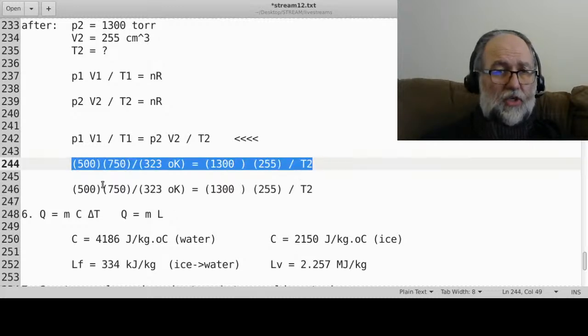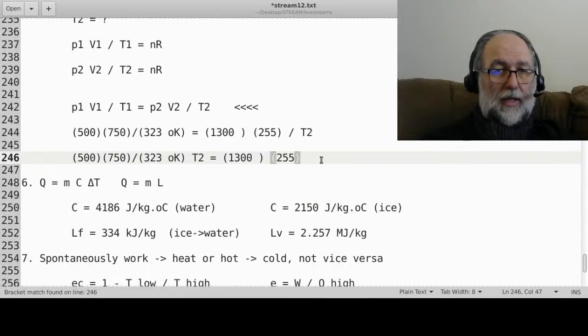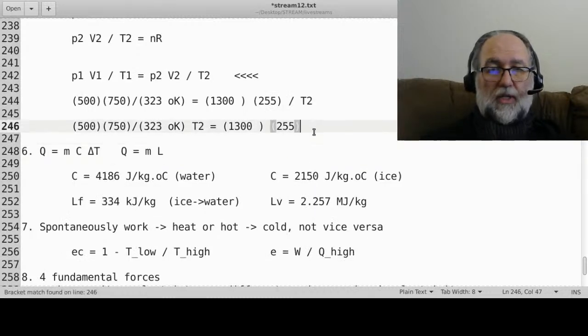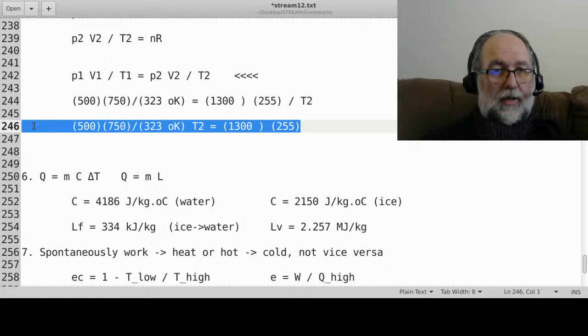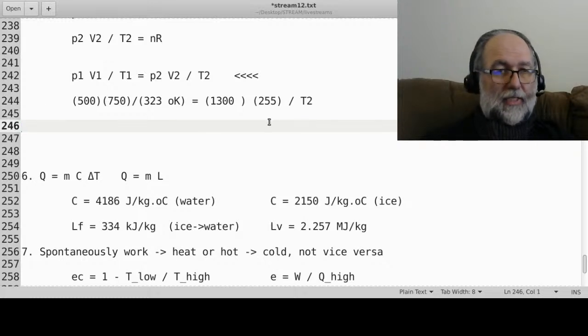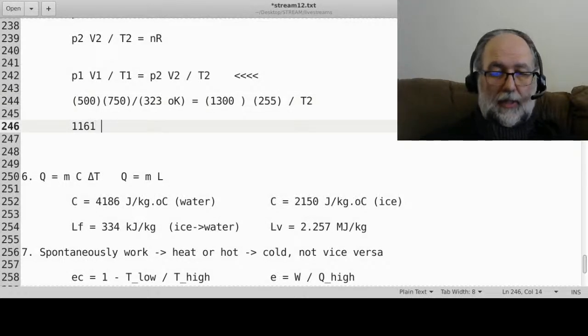So if I take this equation and multiply both sides by T2, that'll get rid of the T2 down here, and divide both sides by, well, let me do it in two steps because I don't want to confuse things. Let's see what this is going to equal here. On this side we have that, it rounds up like that.